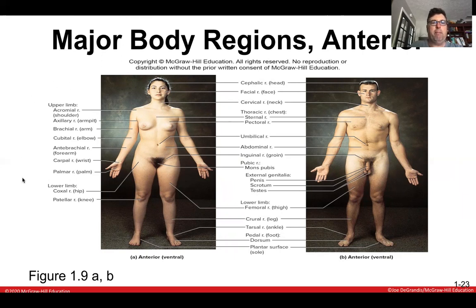I'm not going to go through every one of these, but I do want you to start to become familiar with the major regions of the body: the cephalic, the facial, the cervical, the thoracic, umbilical, abdominal, inguinal, etc. So arm is good, brachial is better in terms of terminology use as we get more familiar with them. Now these are anterior. These are on the front of the body when the body's in anatomical position.